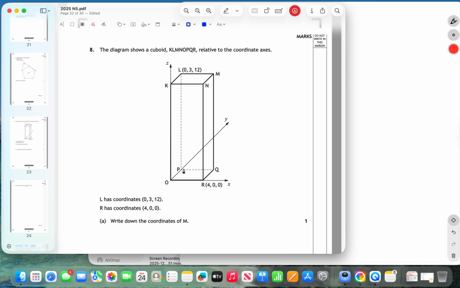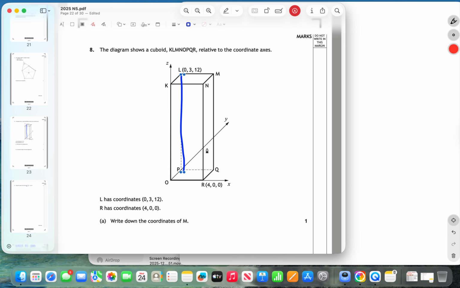And because it's a cuboid, RQ must be the same length as OP. If we have a look here, I know this gets confusing. LP is that edge. Now that edge is parallel to the z-axis, so we know that if you go down from L to P, the only point that can change is the z coordinate.